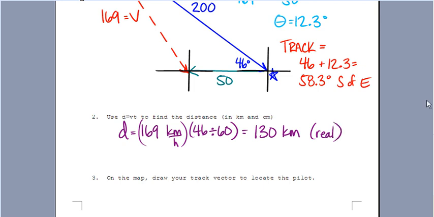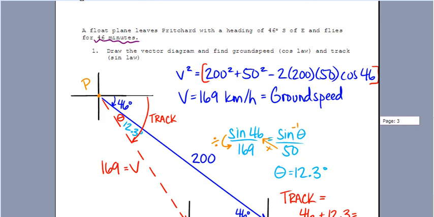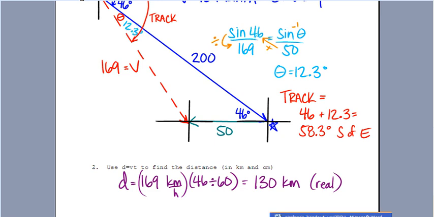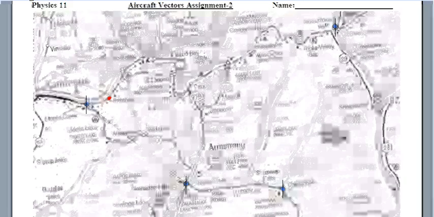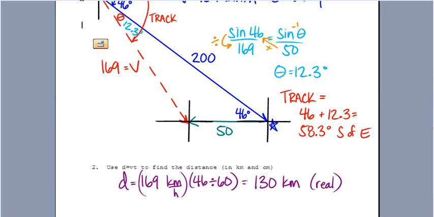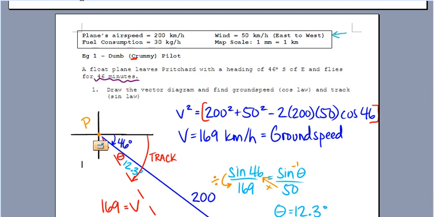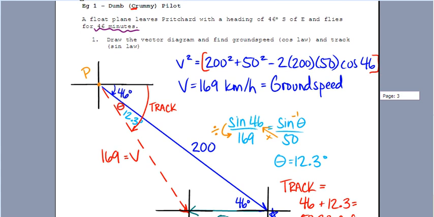And we have to figure out, what does 130 kilometers in real life look like on this map? There's a scale to the map, right? And you've maybe done this before in social studies, and it can sometimes be a bit of a pain. But I've made it really nice for this map. I lucked out. The map scale is that 1 kilometer in real life represents 1 millimeter on the map.